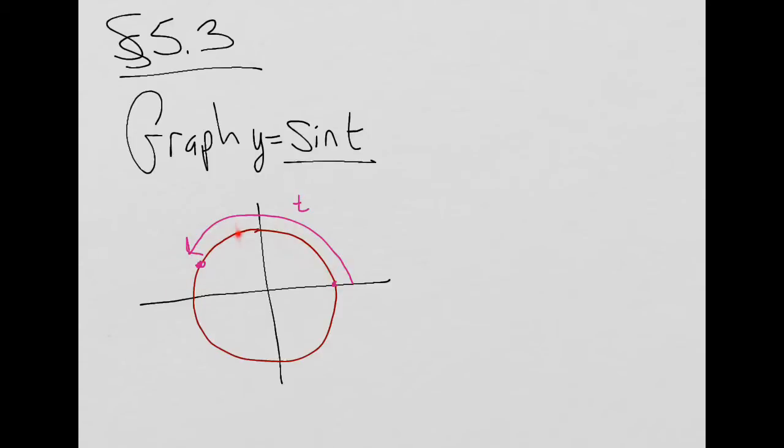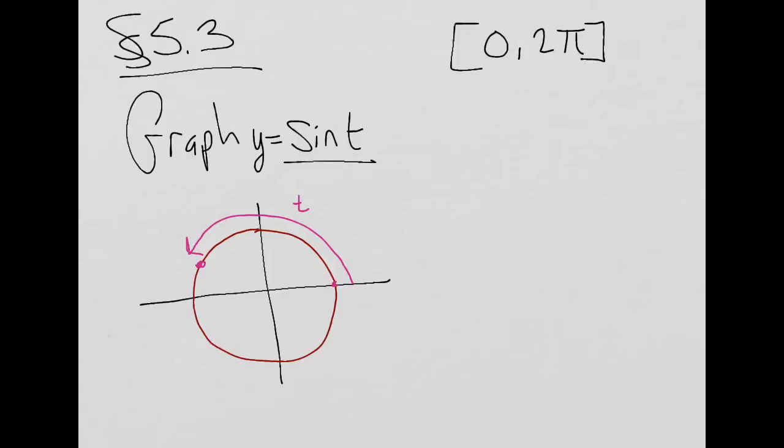But notice as we go around, when you get to a total distance of 2 pi, you're right back where you started. So I should be able to just figure out what the graph of the sine function looks like between 0 and 2 pi, and use that and just repeat it over and over again.